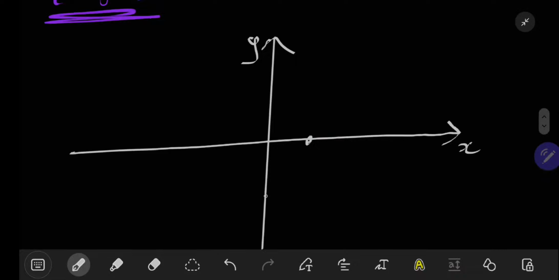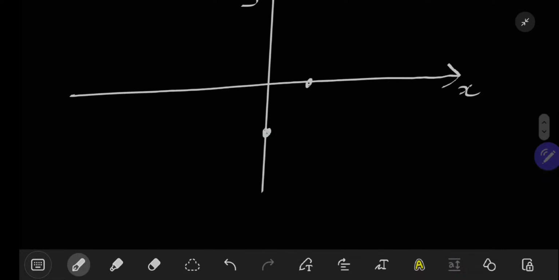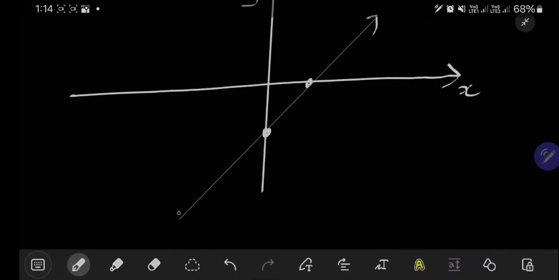So these are our points for the original function. Let me try to draw that. Something like this.